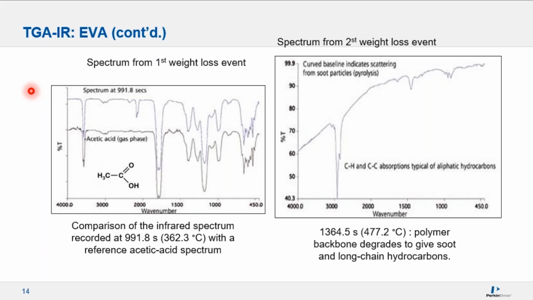So the spectra we searched against a spectral database, and we identified as acetic acid. So this acetic acid is coming from the breakdown of the vinyl acetate polymer. Now, if we take a second spectra snapshot, closer to 500 degrees, we see absorption peaks related to carbon-carbon, carbon-hydrogen stretch from aliphatic hydrocarbons derived from the breakdown of the polymer hydrocarbon backbone.